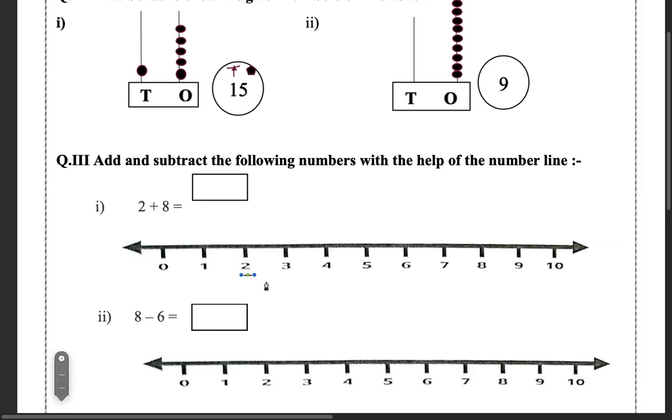So this is number 2. 8 add करना है. 1, 2, 3, 4, 5, 6, 7 and 8. So 2 plus 8 is 10. So we will write here number 10.